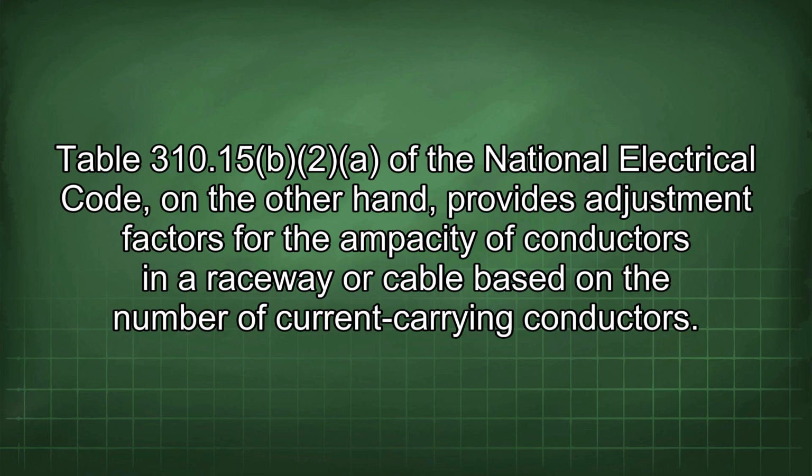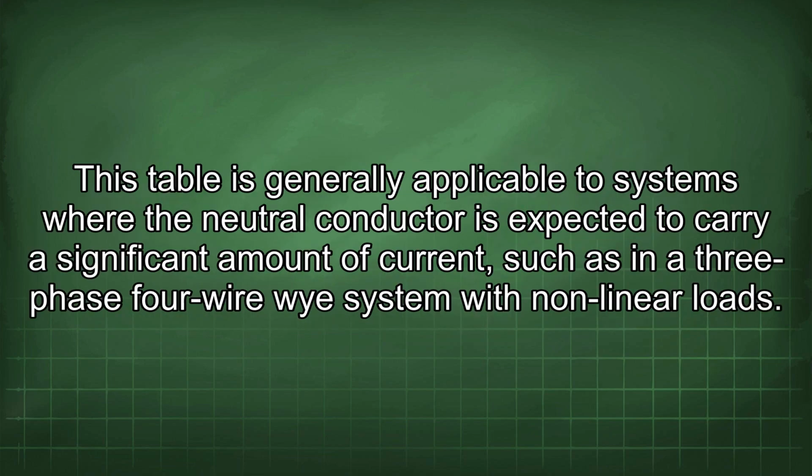Table 310.15(B)(2) of the National Electrical Code, on the other hand, provides adjustment factors for the ampacity of conductors in a raceway or cable based on the number of current-carrying conductors. This table is generally applicable to systems where the neutral conductor is expected to carry a significant amount of current, such as in a three-phase four-wire Y system with nonlinear loads.